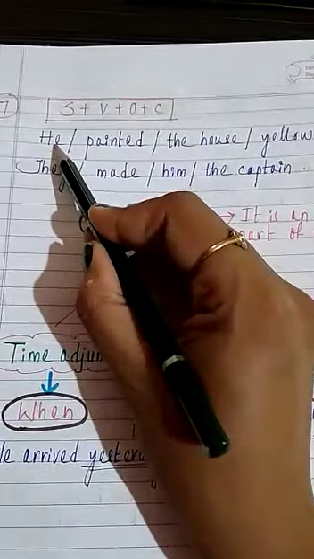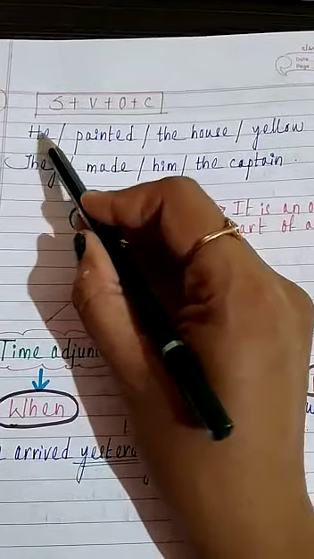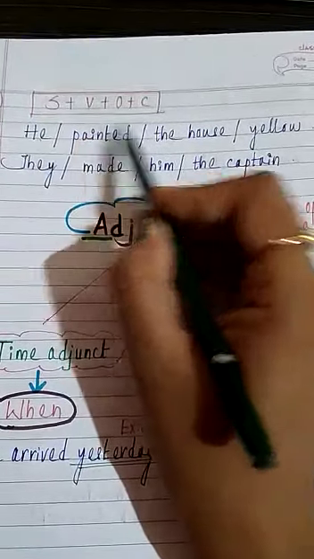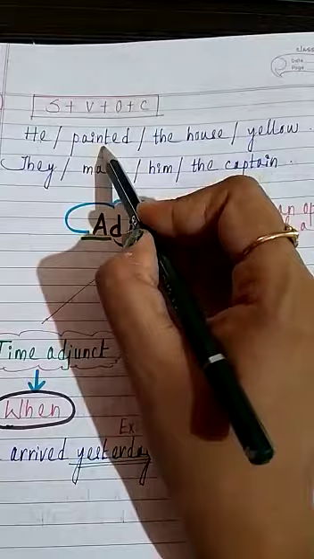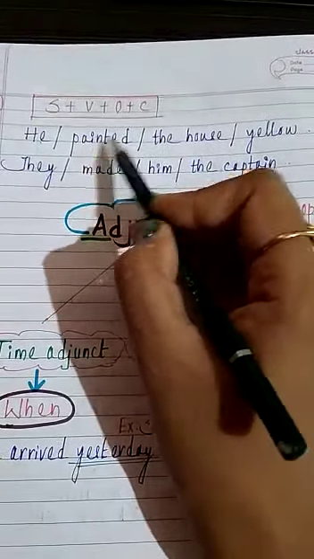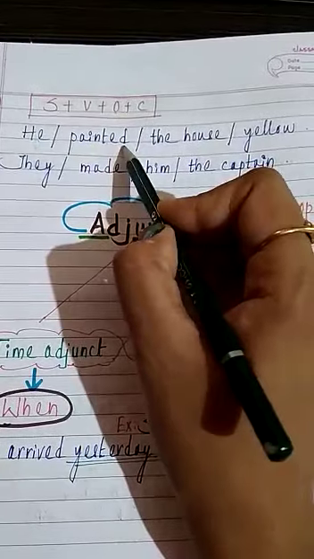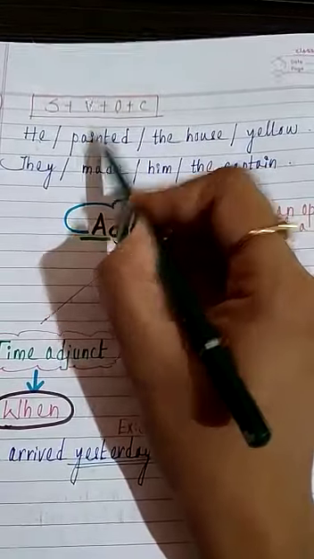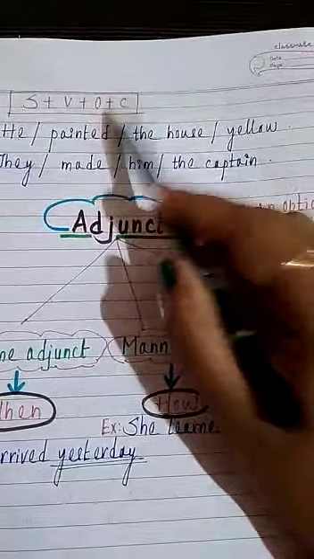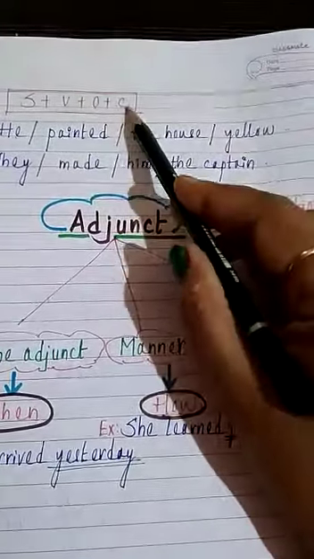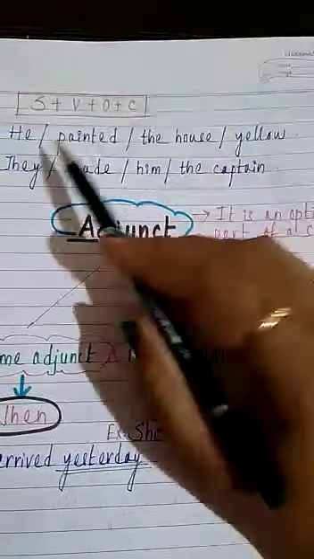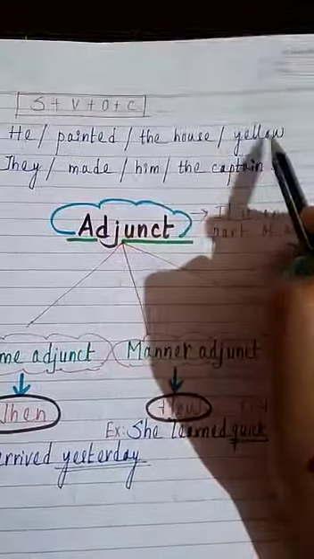So here in the first example, he is the subject part. पेंटेड, पेंट से हुआ है पेंटेड मतलब कलर करना, कलर देना. सो पेंट इज द रूट वर्ब. पेंट से इसका पास्ट टेंस हुआ है पेंटेड, ईडी लगा है. तो पेंटेड इज अ वर्ब एंड the house is an object, and yellow stands for the complement which completes this sentence. So he painted the house yellow.